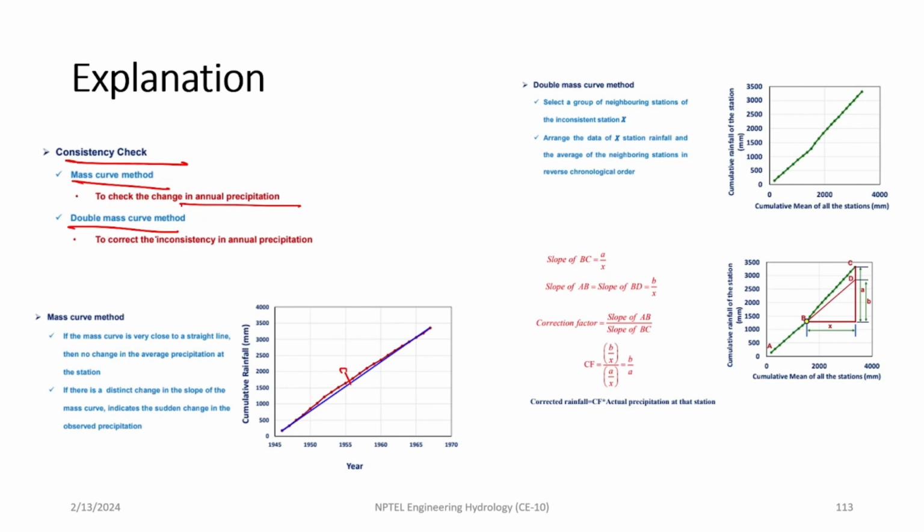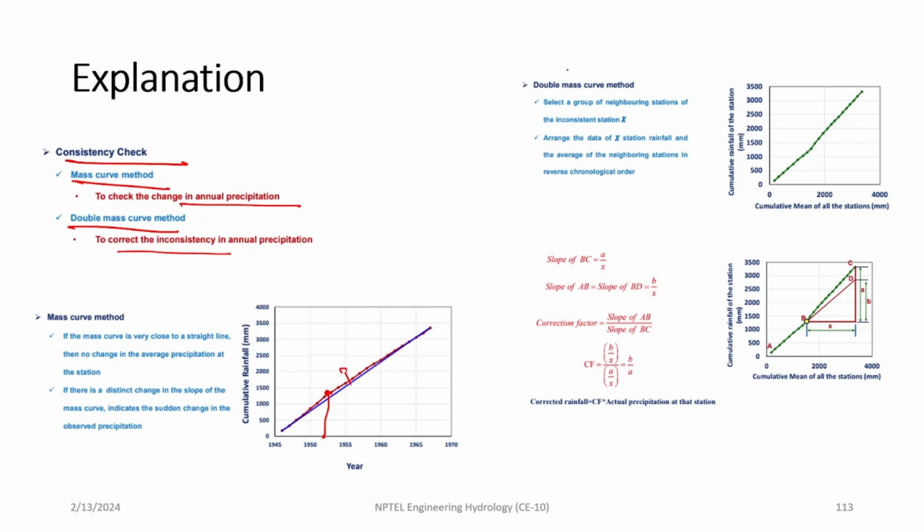Now in parallel, the double mass method we are also using to correct the inconsistency. Now we found that at a particular year we have some kind of data error noted. Then how can we correct it? In order to correct this we use the double mass curve method.